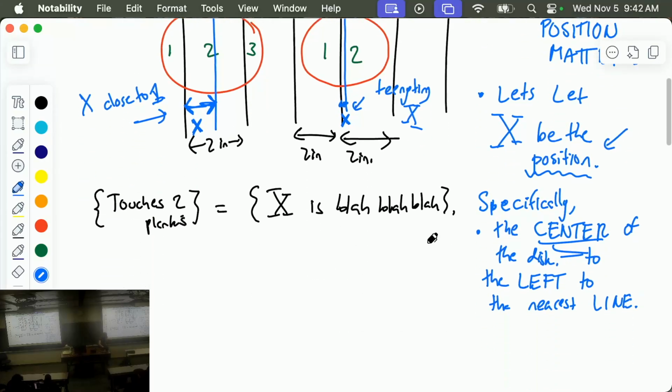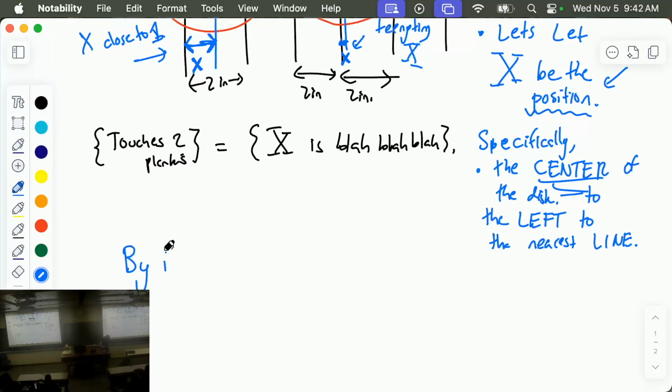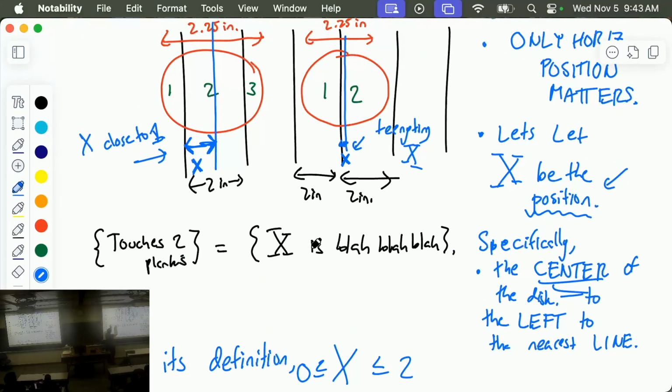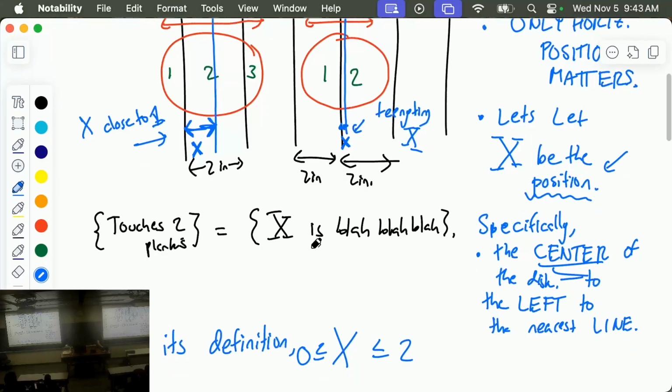So by its definition, x is somewhere between 0 and 2. 0 would mean it's all the way up to one side, and 1 would be all the way on the other side.